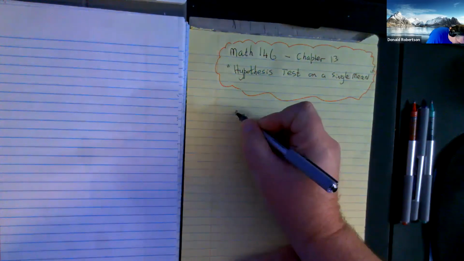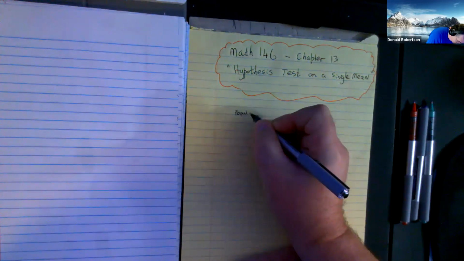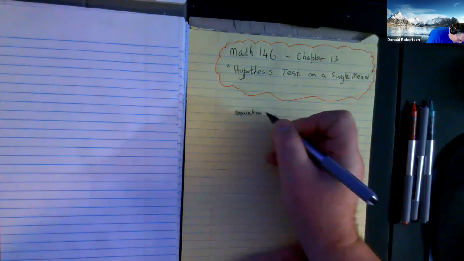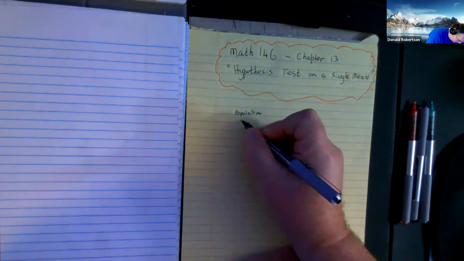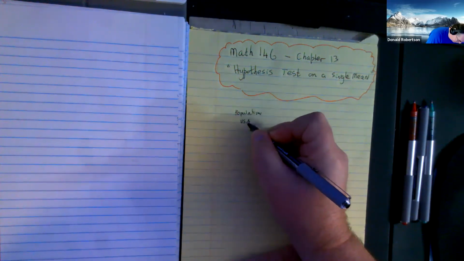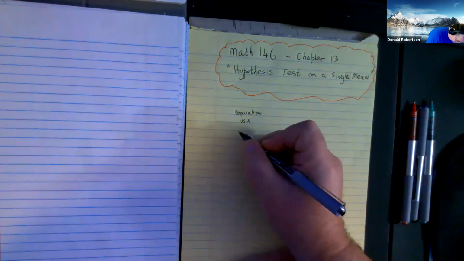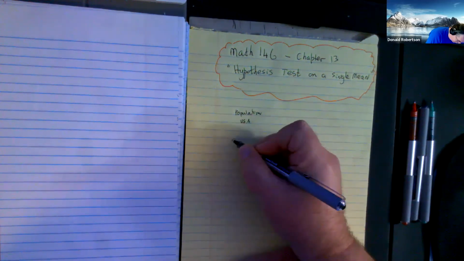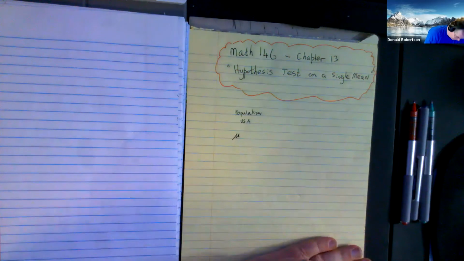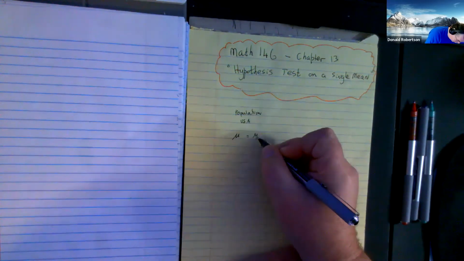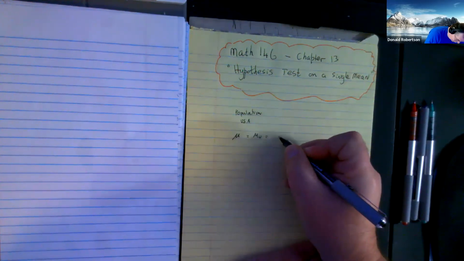So let's suppose we have a population, just one population. It could be Americans. And let's say it's their average age. We use the Greek letter that looks like that. You pronounce it mu, and that is the population mean.